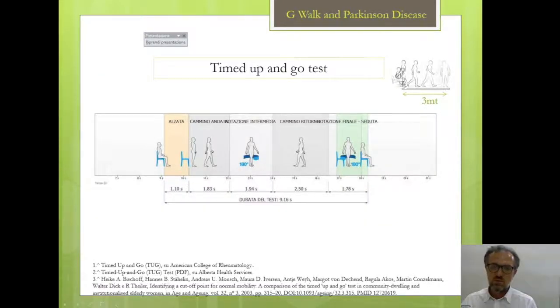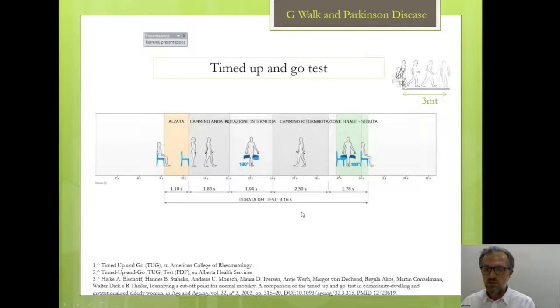As you can see here, we can perform an instrumental evaluation of the timed up and go test, and we can provide a very accurate sub-analysis of all the different components of the test: the rise up, walking to a distance of 3 meters, turning back, and then coming back to the chair.